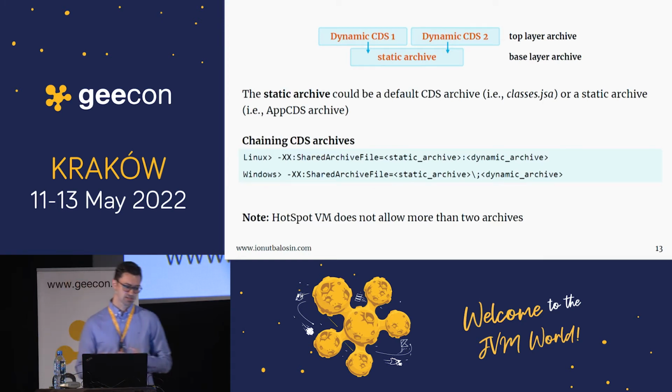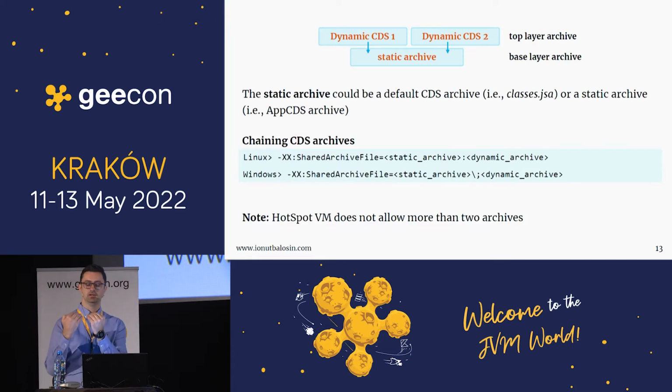You might ask yourself when you would use this flexibility. Well, an example is, you have your base layer archive, you create an App CDS with the common ground, for example the framework stuff, and then on top you create the dynamic CDS containing only the flavors.